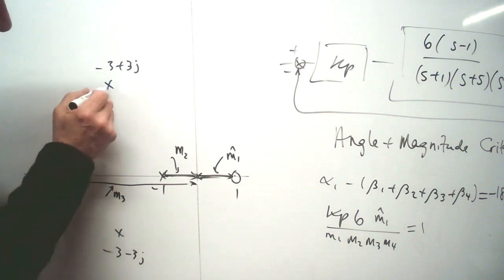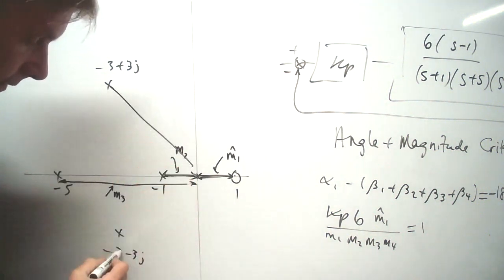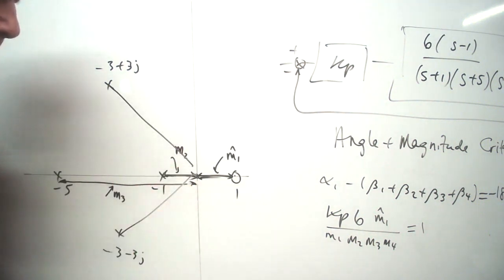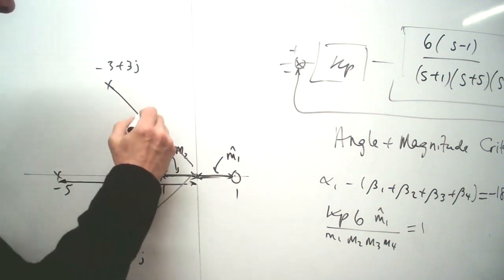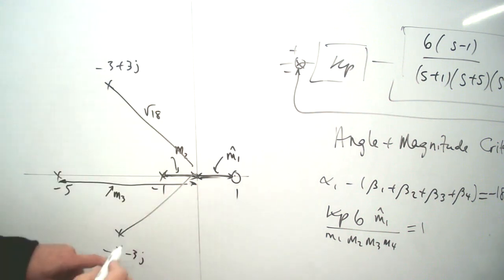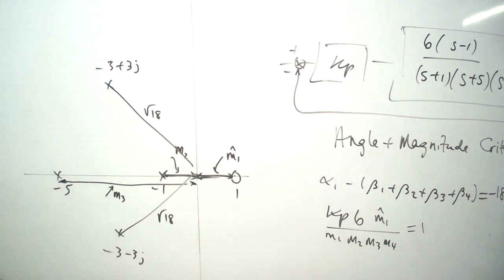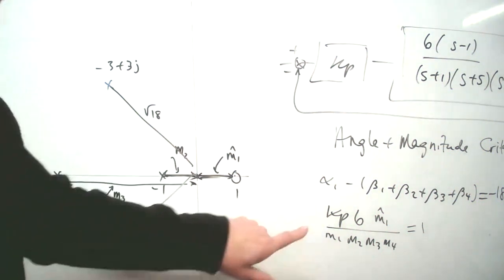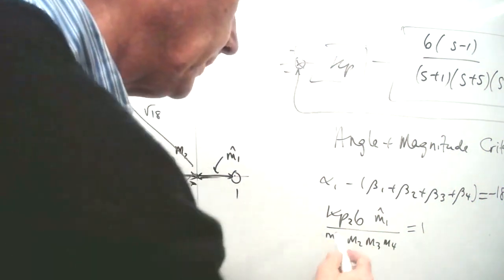And then the last one, we'd have to draw a line from there to there, another line from there to there, and that distance is going to be root 18, isn't it? That's going to be root 18 as well. So we can stick the numbers into this more routinely now, can't we? Because we know that we don't know KP2.